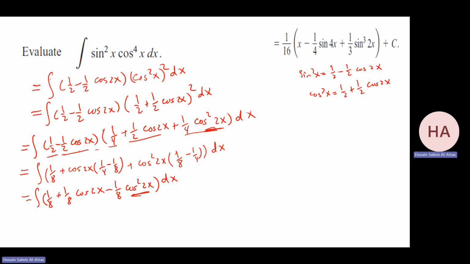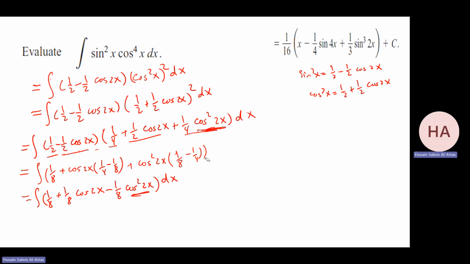This one, I need to make it a double angle. Still, this one I can make it a double angle. So what I have... this is not right. Wait a minute, I miss a term. Yes, I need the cosine cubed.